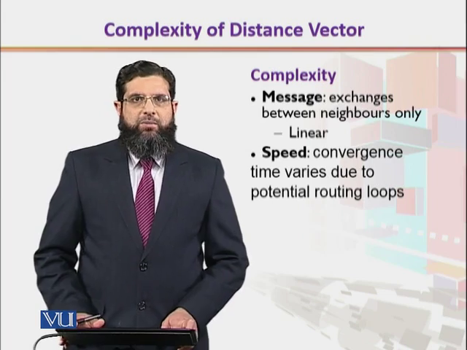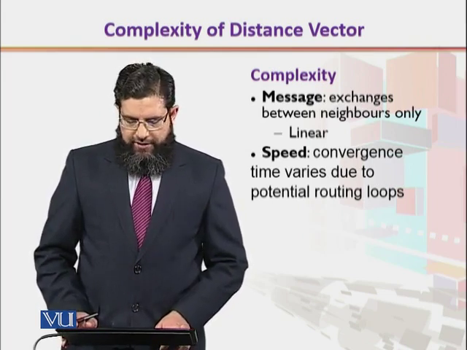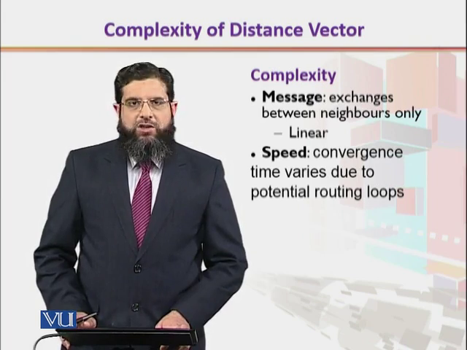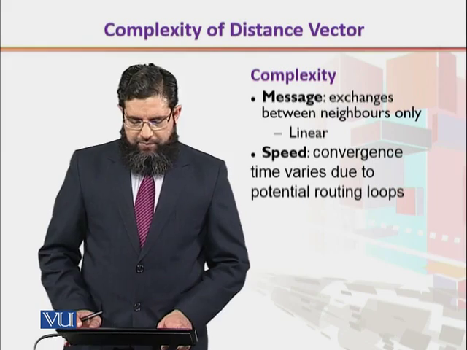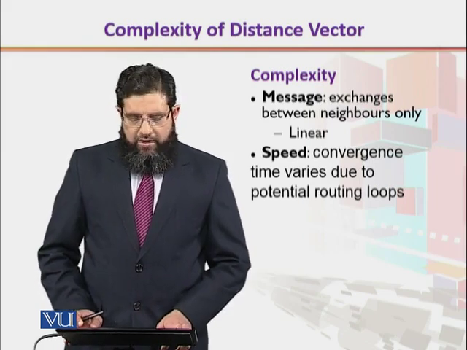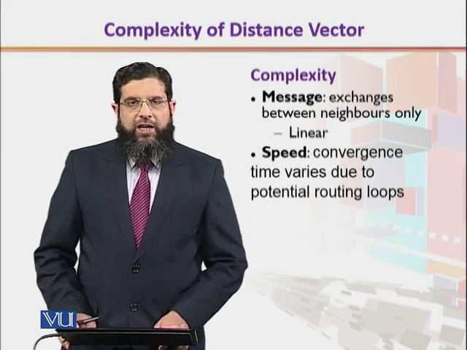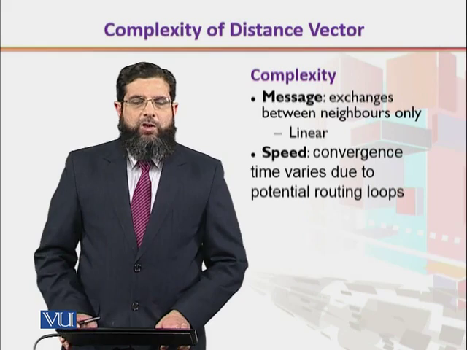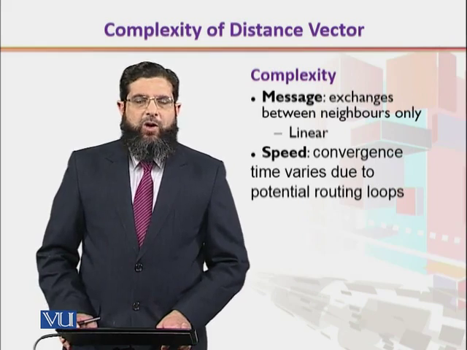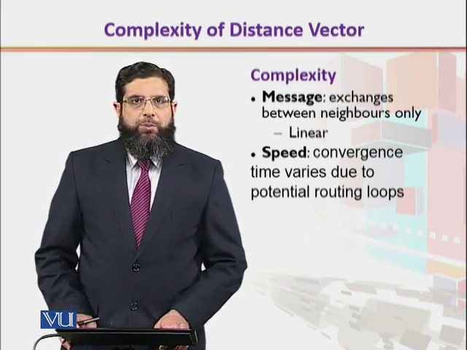Distance vector is far less complex as compared to link state because the information is being shared amongst the neighbors only. The overall speed and convergence time is highly dependent upon, number one, the topology size, because it's linearly related to the topology size, and number two, if there are some potential loops.